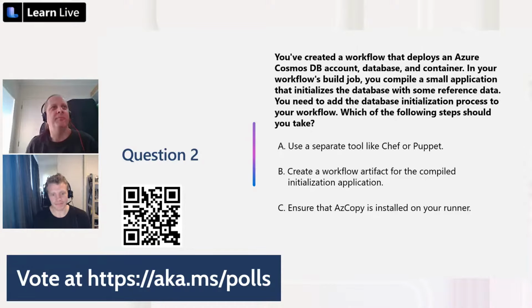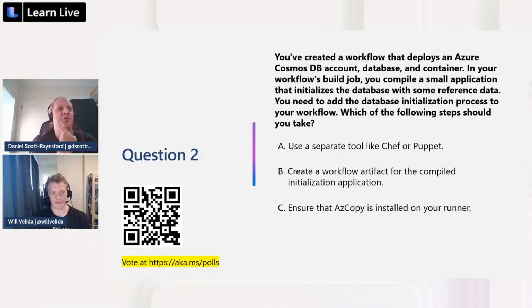What do you reckon? Well, I'm not sure Chef or Puppet's going to do. Chef or Puppet is typically used for virtual machine configuration or operating system configuration. So I'm not sure it's A. What about C? Are you sure about that?